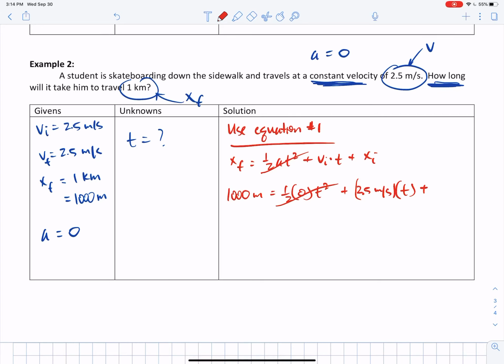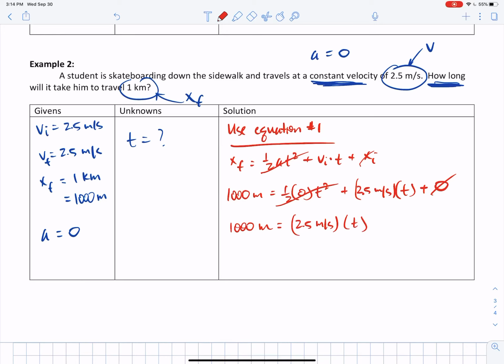If I'm not given some sort of initial position, I can just say that the initial position is 0. So that's fine too, okay? All right, so this is going to simplify to just 1,000 meters is equal to 2.5 meters per second times t.